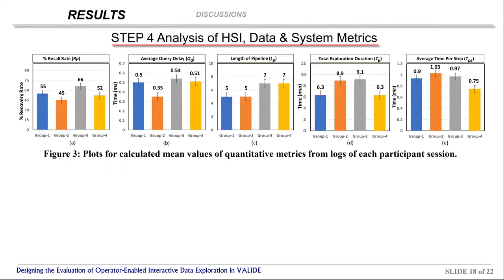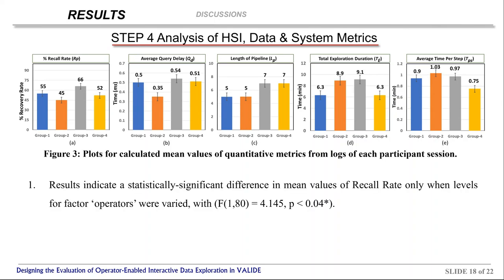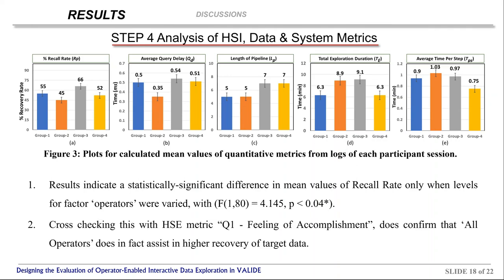Then the analysis of HSI data and system metrics revealed that there was a statistically significant difference in mean values of recall rate only when levels of factor operators were varied. Cross-checking this with HSC metrics question 1, that is feeling of accomplishment, does confirm that all operators do in fact assist in higher recovery of target data.